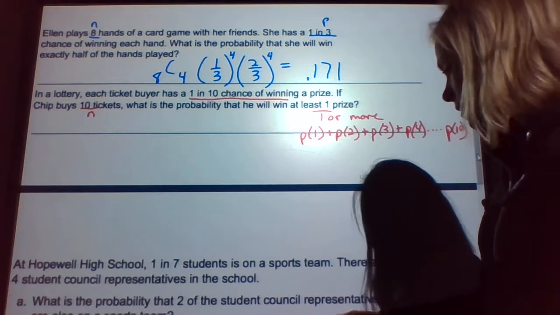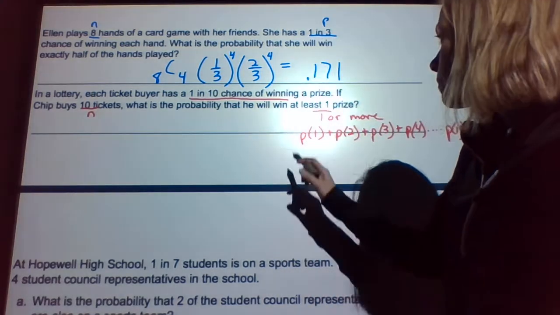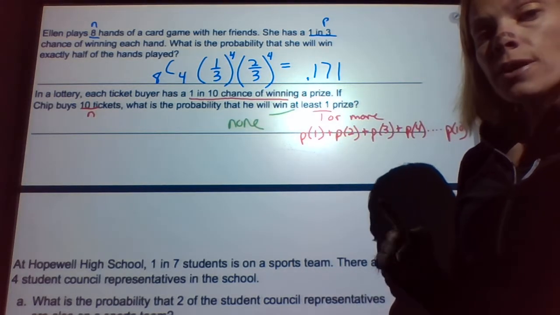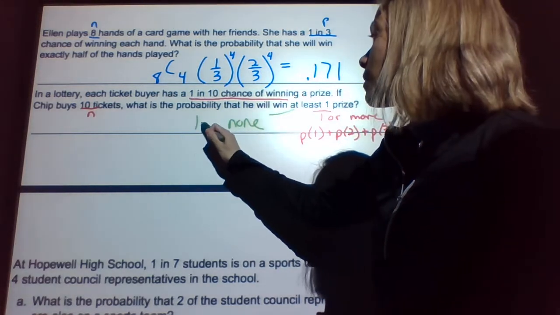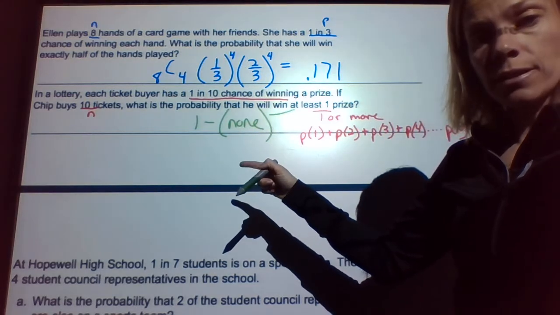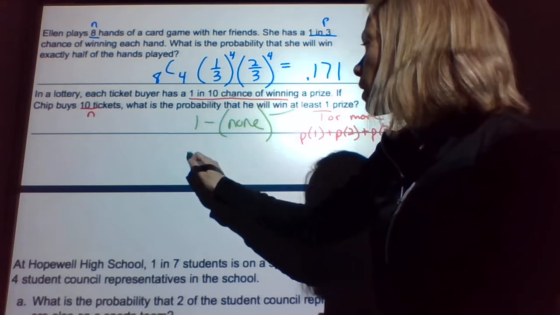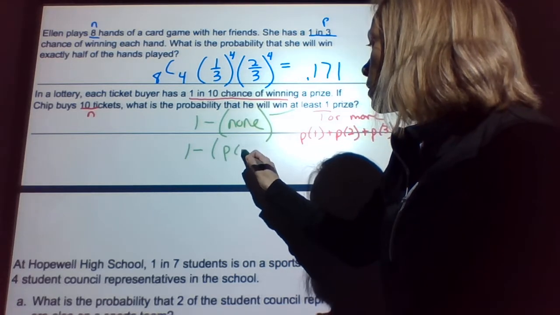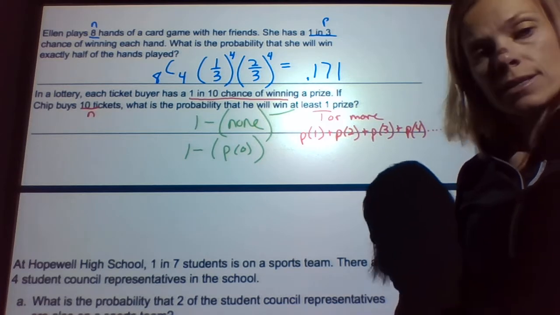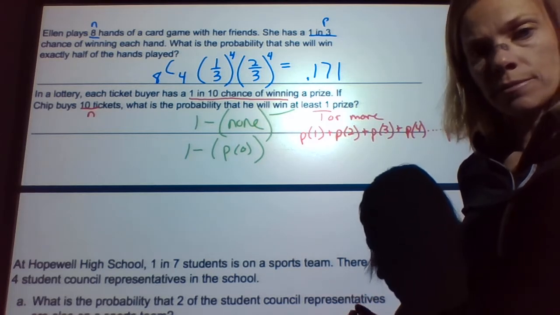The opposite of at least 1 is none. So if I do the complement, 1 minus none, that gives me at least 1. So in this case, I only have to do the probability of 0, none. And then take 1 minus that, and I get at least 1.